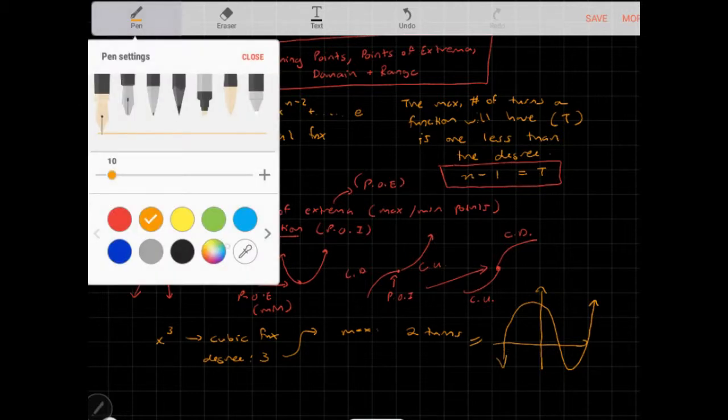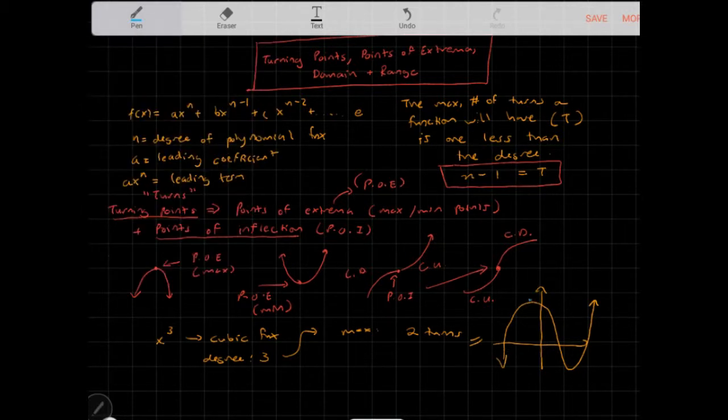You can imagine that there is a turn, or a maximum here, and then there's a minimum here. So there's a turn here and a turn here. So there are 2 turns here, which is consistent with our notion that the turns are the degree minus 1, so there's 2. So that's really the idea, and this is a really useful notion to understand.